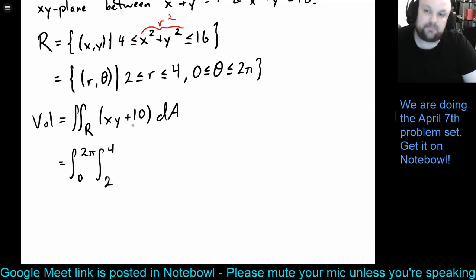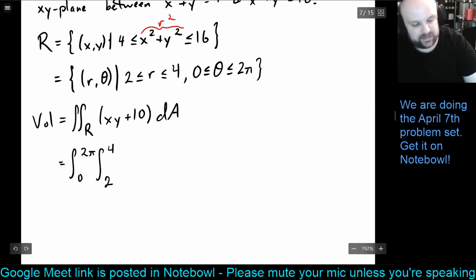Now this xy plus 10, there's no x squared plus y squared anymore to immediately switch. But this is fine, because we know that x is r cosine theta, y is r sine theta.